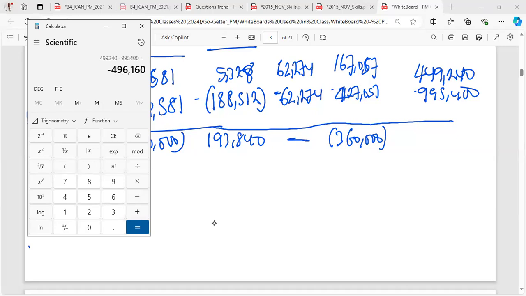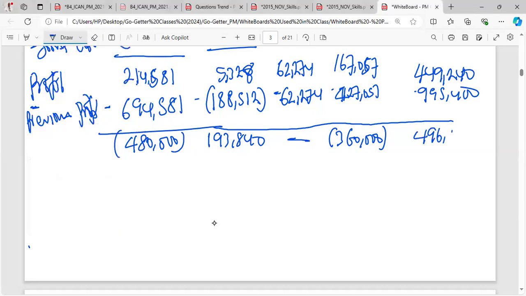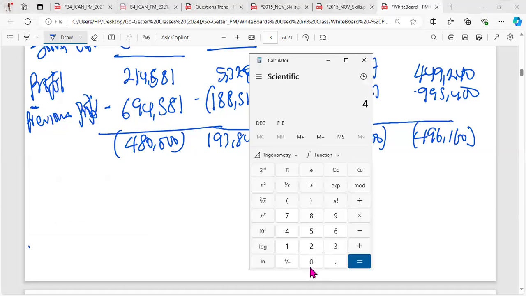That is 496,160. So that's the change. Let's check if that is correct. I have negative 480,000.